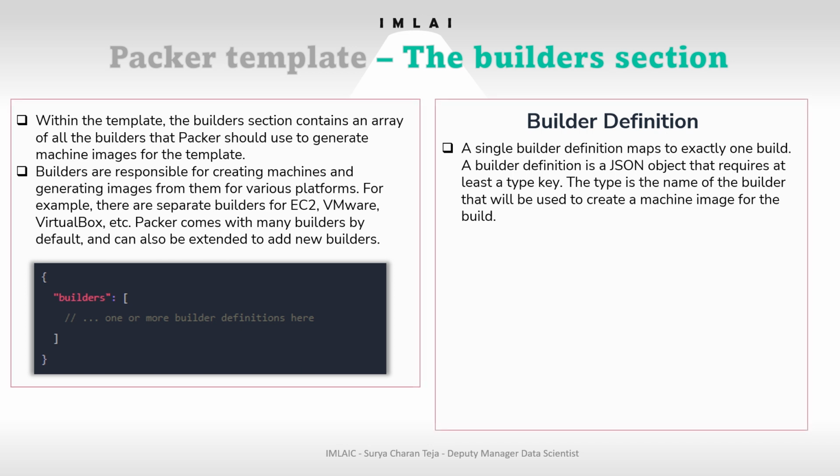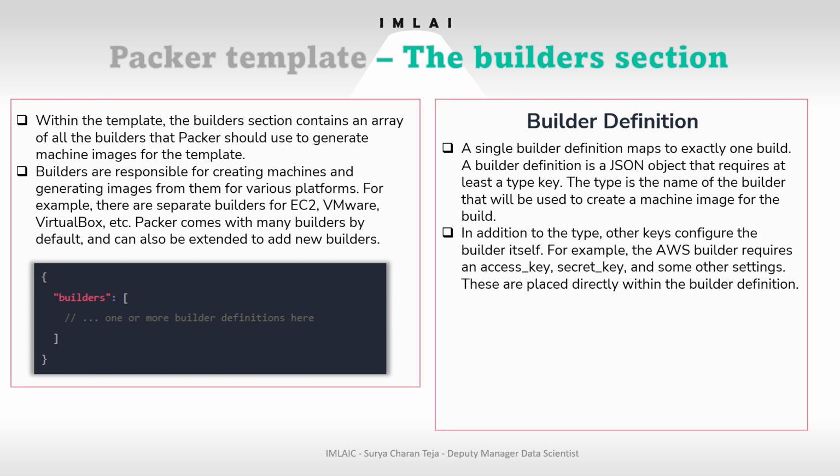A builder definition is a JSON object that requires at least a type key. The type is the name of the builder that will be used to create a machine image. In addition to the type, the other keys configure the builder itself. For example, the AWS builder requires an access key, a secret key, and some other settings.